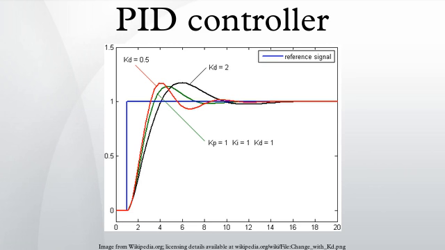Noise in derivative. A problem with the derivative term is that it amplifies higher frequency measurement or process noise that can cause large amounts of change in the output. It does this so much that a physical controller cannot have a true derivative term, but only an approximation with limited bandwidth. It is often helpful to filter the measurements with a low-pass filter in order to remove higher frequency noise components.